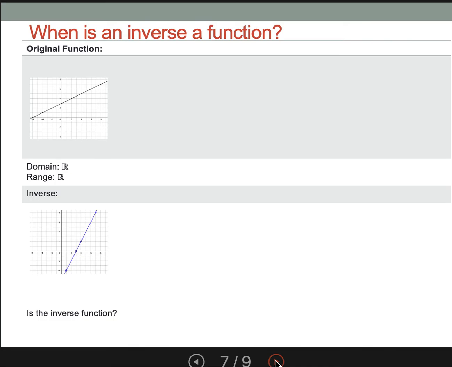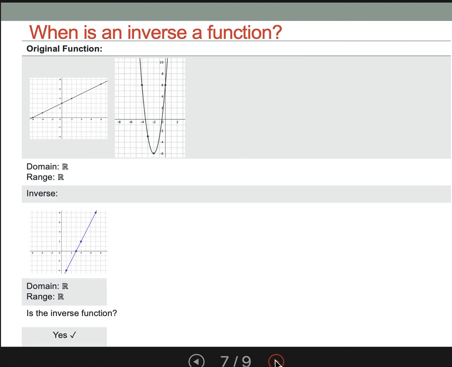The domain and range switch when you have the inverse function, but since the original domain and range were all reals, it doesn't look like it's switched, but it has. And this inverse is a function, right? So that was a situation where you found the inverse, and the inverse was a function.